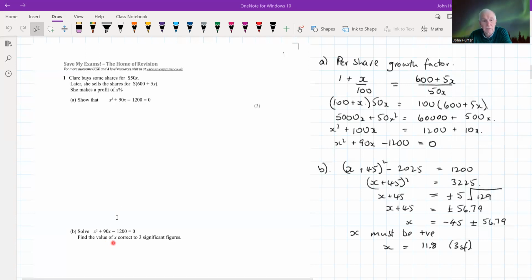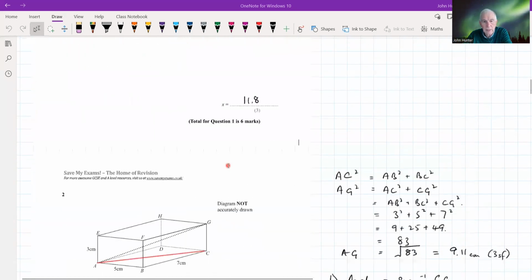Suppose we could imagine that we could buy some shares for a negative price, but here it does say the value. So I think we could reasonably assume that that is positive. So we're going to take the positive root here, and that's going to give us, well, minus 45 plus 56.79 will be 11.8 to 3 significant figures. Okay, so that is that one.